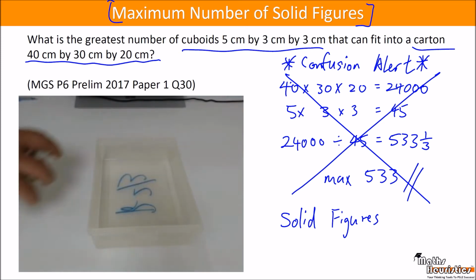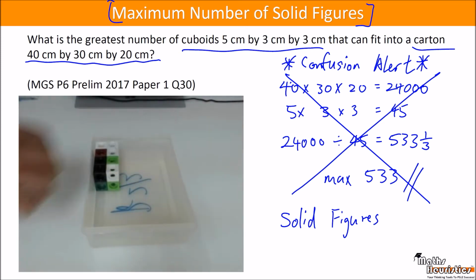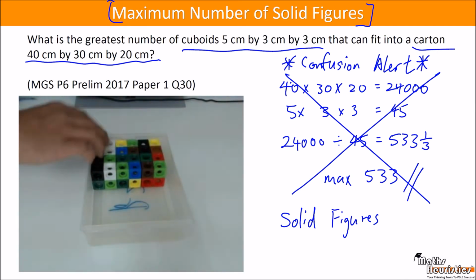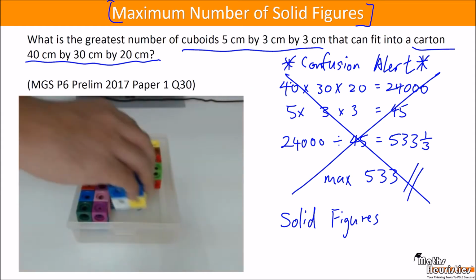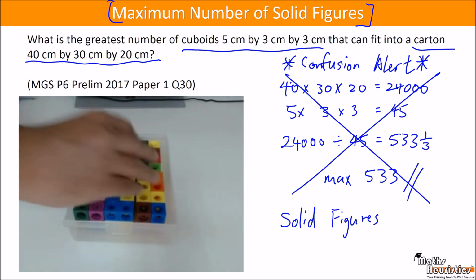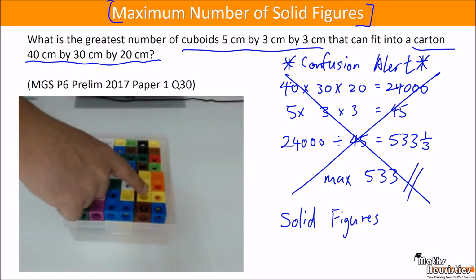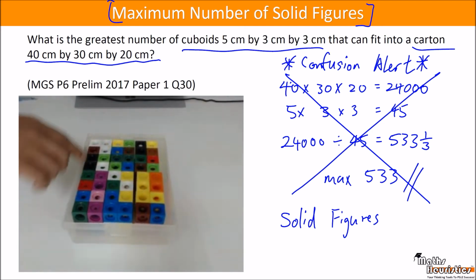Now what about if I consider putting them this way instead? So here I can put 3, and over here I can put in another 3 more. So that will be 2 times 3 to give me 6.